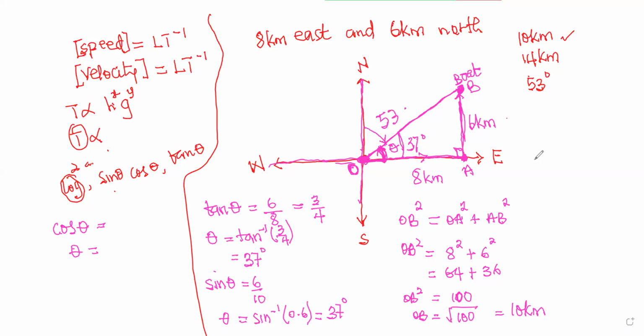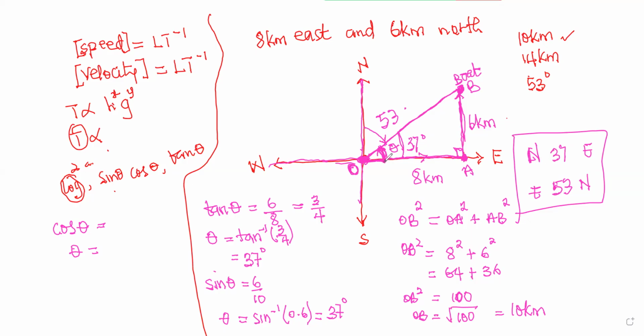So the bearing can either be 37 degrees north of east, or 53 degrees east of north. These are the two possible bearings.